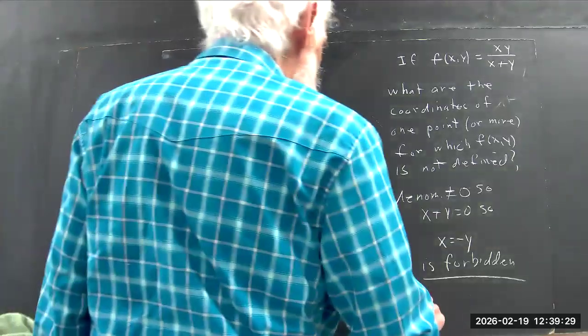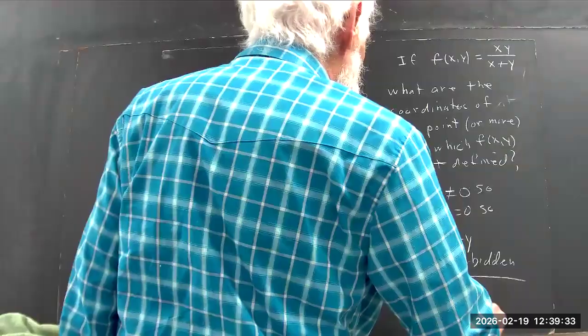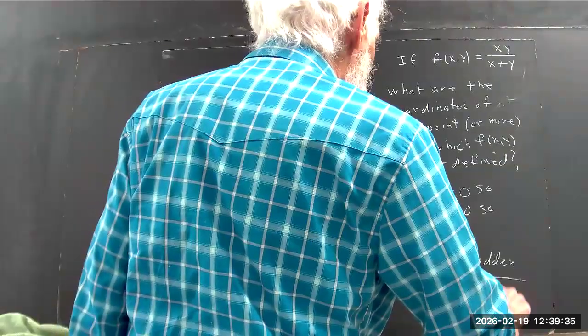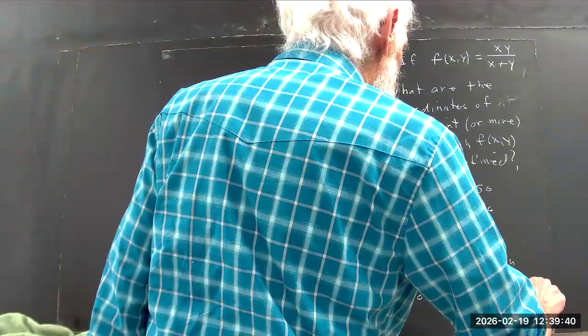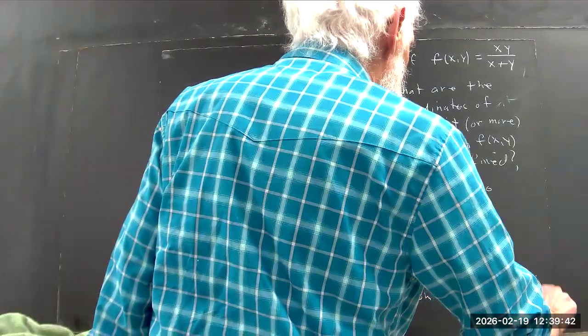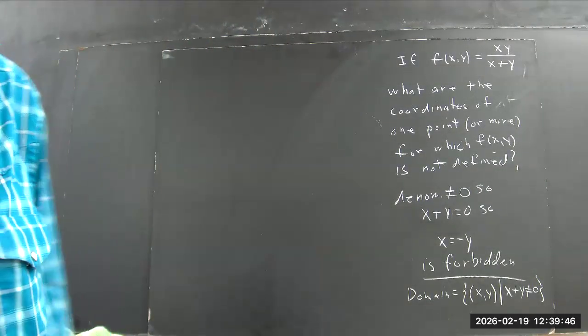So the domain could be written as the set of points x, y such that x plus y is not equal to zero. Okay?